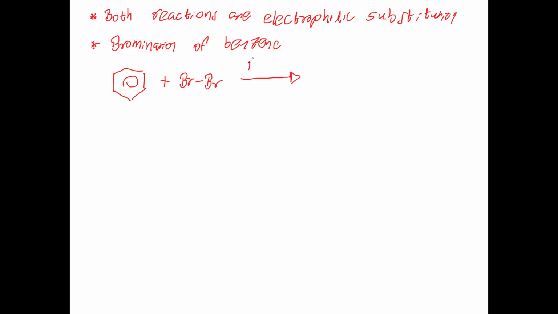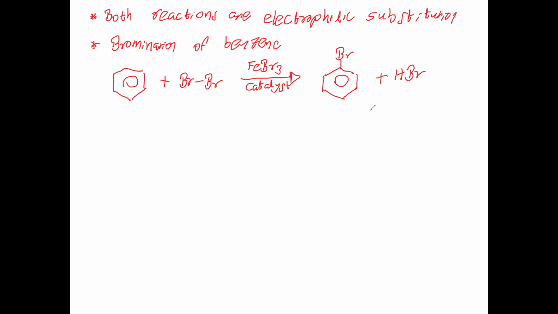Usually we add FeBr3 catalyst. So FeBr3 is our catalyst. Then in the benzene ring, one of the hydrogen atoms will get replaced by one of the bromine atoms. The hydrogen atom comes out and goes with the other bromine, forming HBr. So this is what will happen in bromination of benzene.